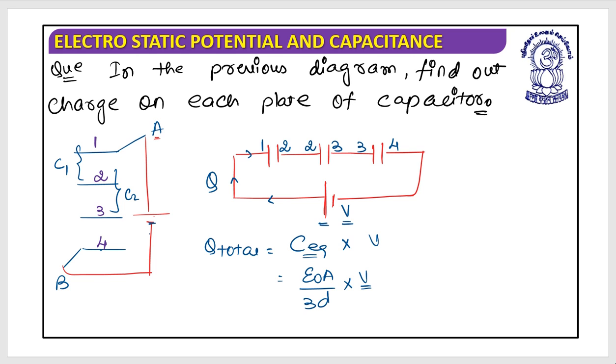So plate number 2 counts twice, plate number 3 counts twice, and plate numbers 1 and 4 count only one time.